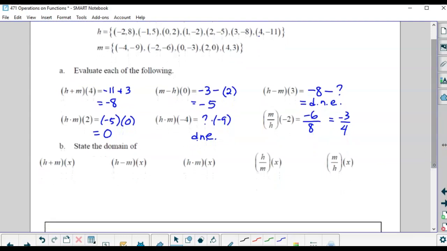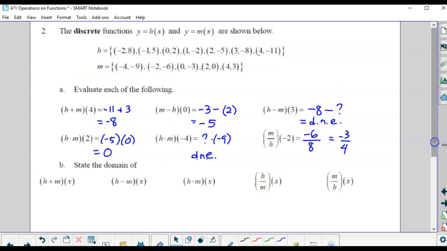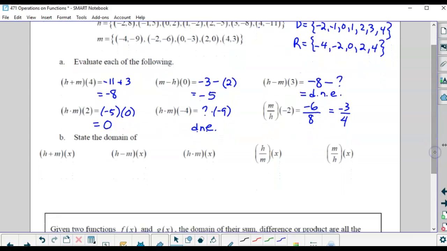And then it says state the domain. So again, what I'm going to do here is just list out my domain. First of all, negative 2, negative 1, 0, 1, 2, 3, 4. Remember, this is discrete, so you just list the values. Do not use an inequality.